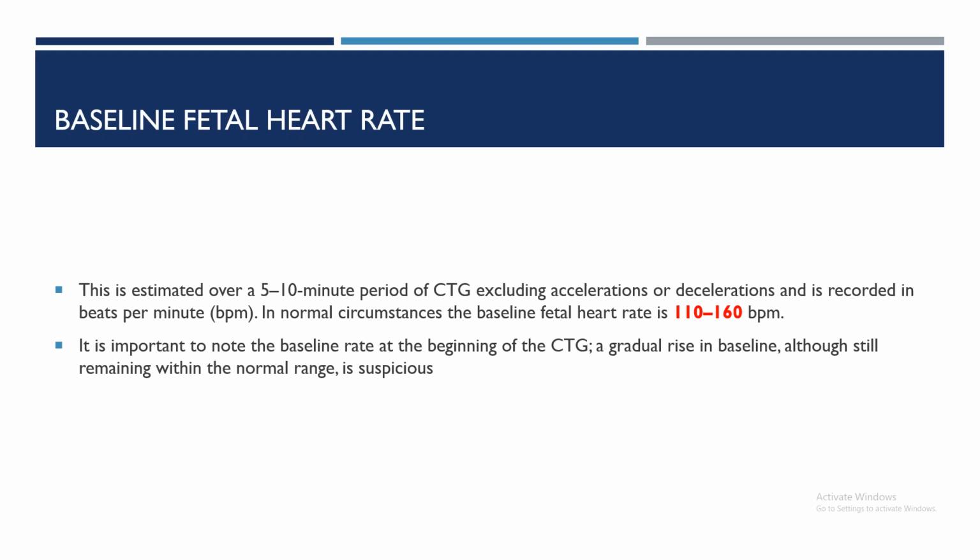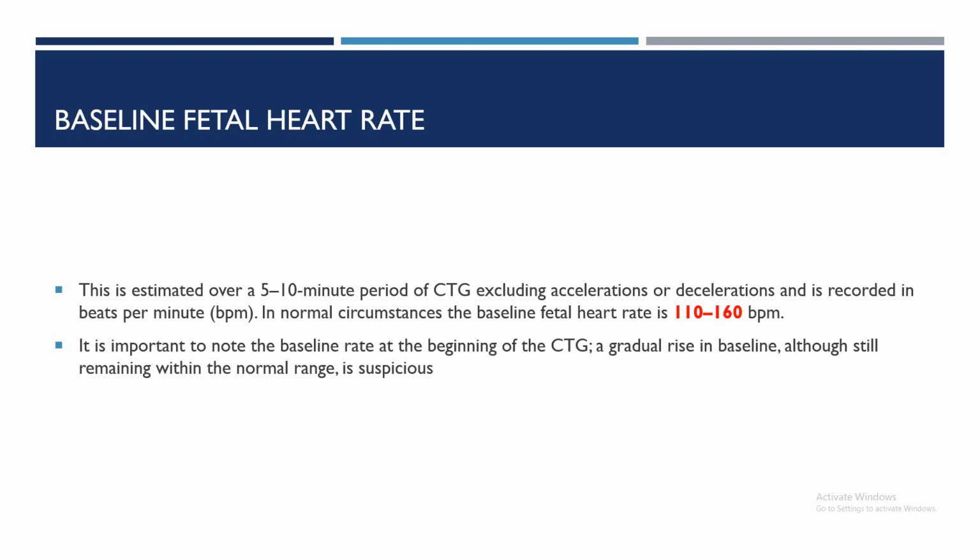After seeing the contractions, the next part is the fetal heart rate, that is, the baseline heart rate. How are you going to see the baseline heart rate? You have to look at a 5 to 10 minute period of the CTG, exclude all accelerations and decelerations, take the mean fetal heart rate over that 5 to 10 minute period, and record it in beats per minute.